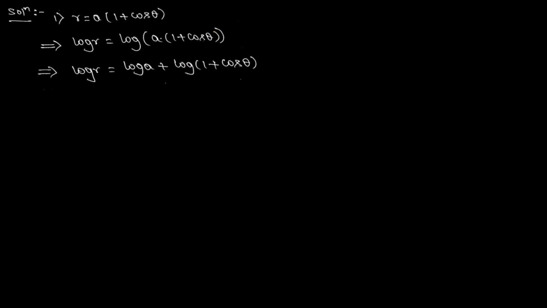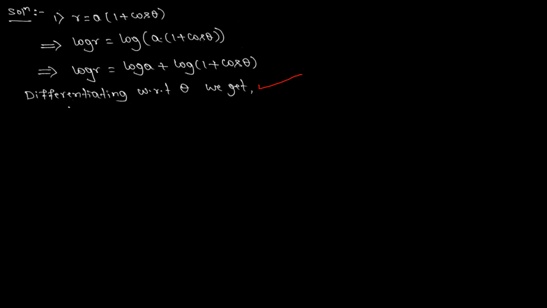Yes, we have written. Now it is almost simplified. We can't apply any logarithmic identity further. Now let us go for the next step. The next step is differentiating with respect to theta on both sides.